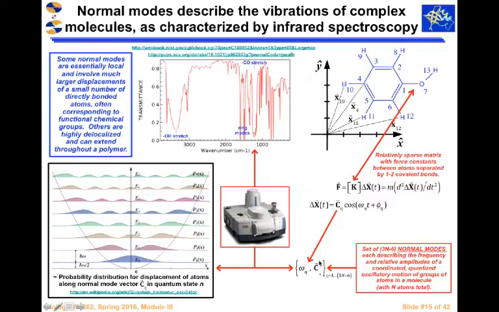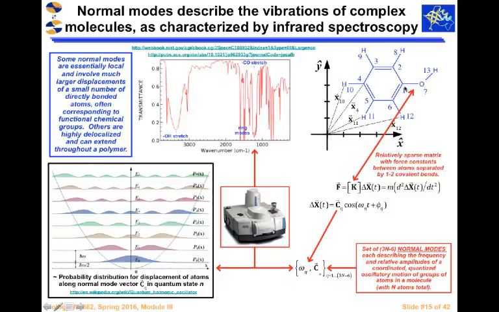So a given normal mode will have a given frequency, and will have a given set of amplitudes of oscillation for each one of the atoms in this molecule. And so this is simply an amplitude vector. The frequency, the time-dependent component, is entirely in this cosine function. So this vector will set the relative amplitudes of oscillation, but the oscillation will all be basically in phase, or as we'll see later, it can be actually in phase or 180 degrees out of phase, but it has to be one or the other.